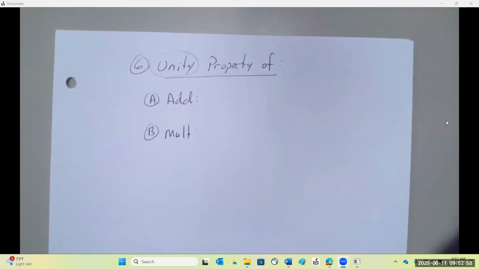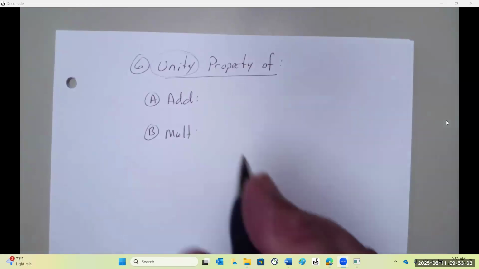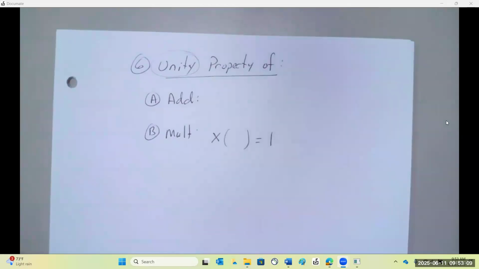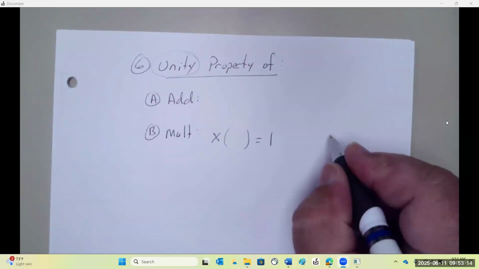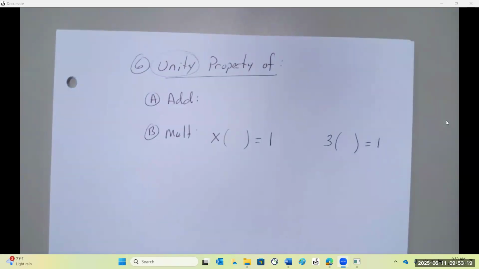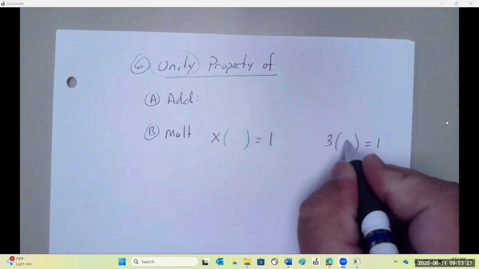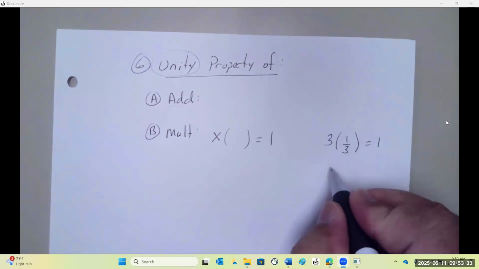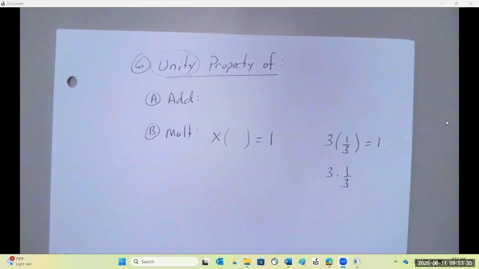What do you think unity means? The basic unit is 1. For example, if I had x, what times x would give me 1? If I had 3, 3 times what equals 1? One third. Because what is 3 times 1 over 3?